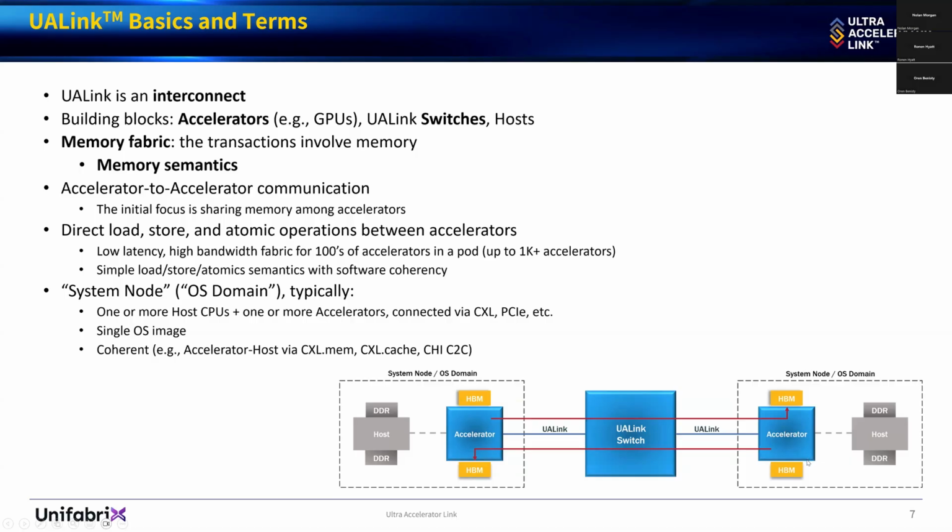Usually in a system node, we have a single OS image, and usually the communication within the system node is coherent, meaning cache coherent. So the accelerator to host connectivity, for instance, could go via cxl.mem or cxl.cache or ARM CHI C2C, and it would be coherent.